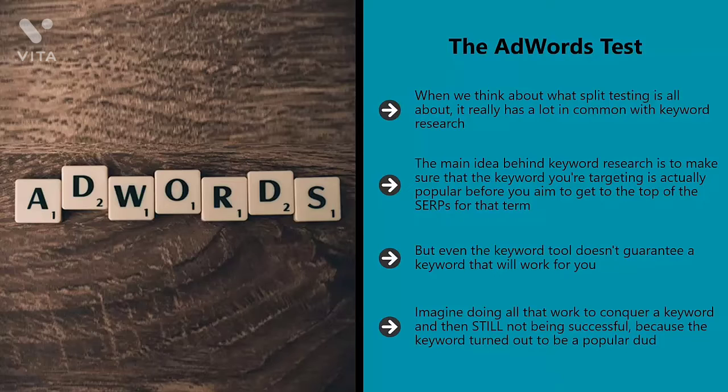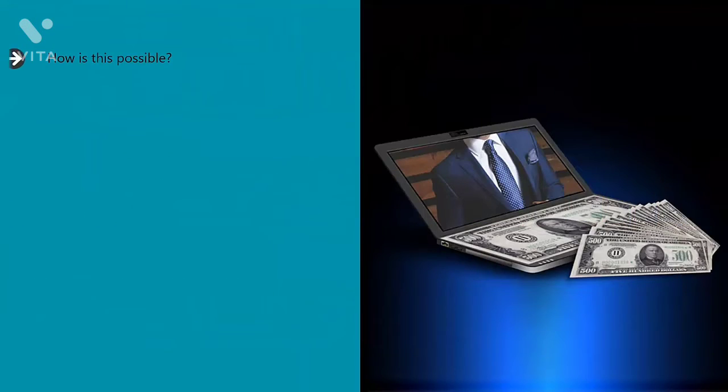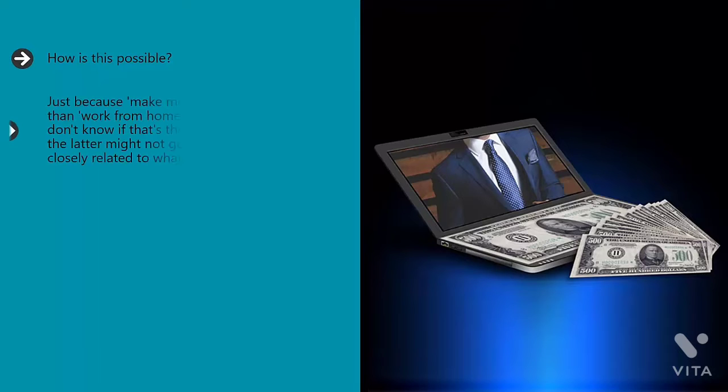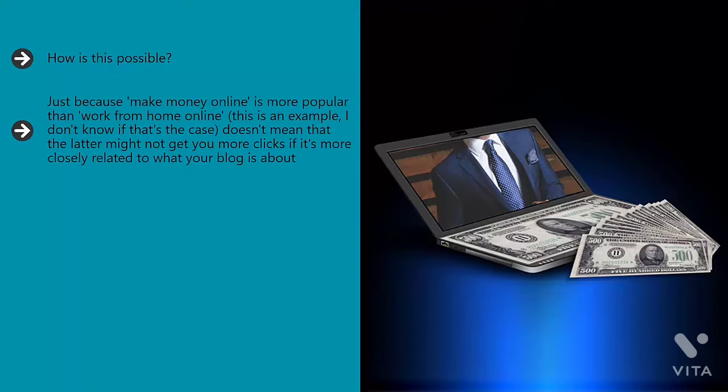So instead, why not try spending a week at the top of a few and then choose the best one? How is this possible? Simple. By using AdWords to be the sponsored link on a few different search terms and to see which ones bring you the most traffic and the most clicks or sales. Just because "make money online" is more popular than "work from home online", this is an example, I don't know if that's the case, doesn't mean that the latter might not get you more clicks if it's more closely related to what your blog is about.